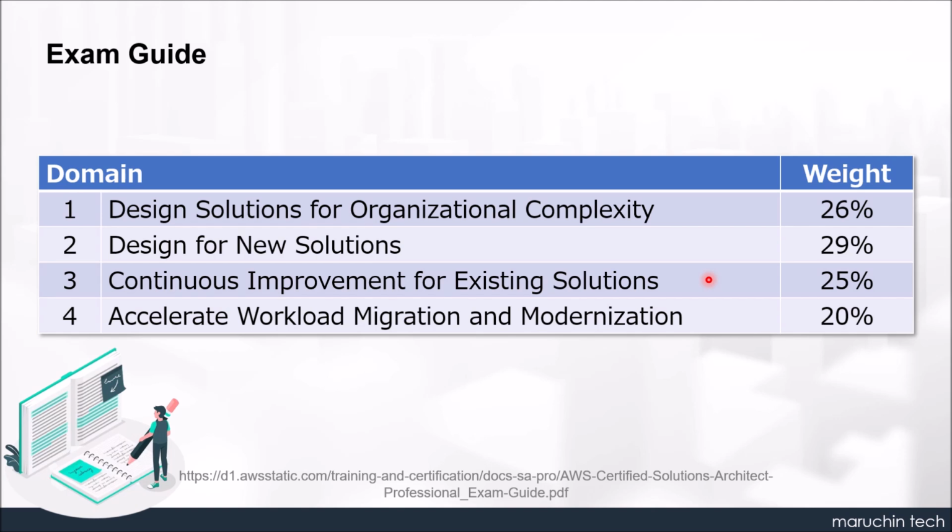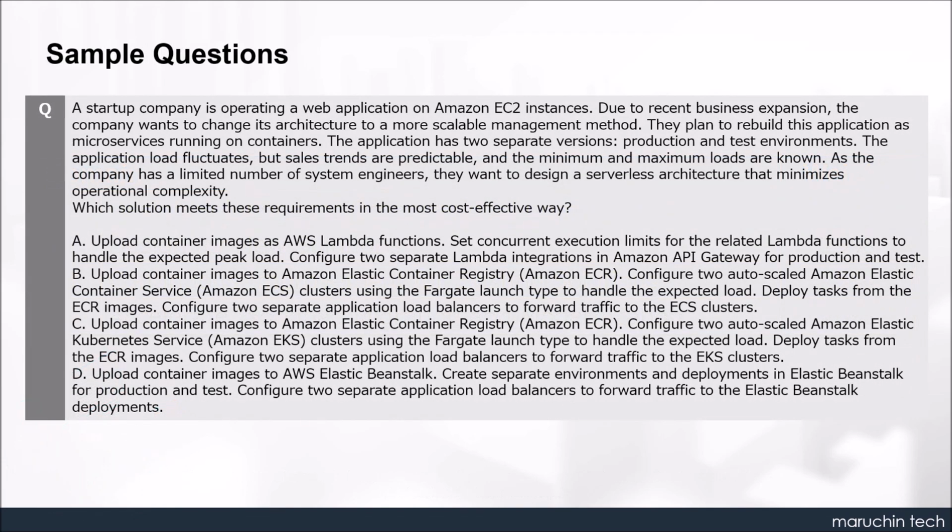And additionally, optimizing the cost and improving the reliability of existing AWS environment will also be covered. And for accelerating the workload migrating and modernization, you will be tested on tools for migration from on-premise to AWS environment. And this includes understanding the differences between the tools for migration, application, and database services.